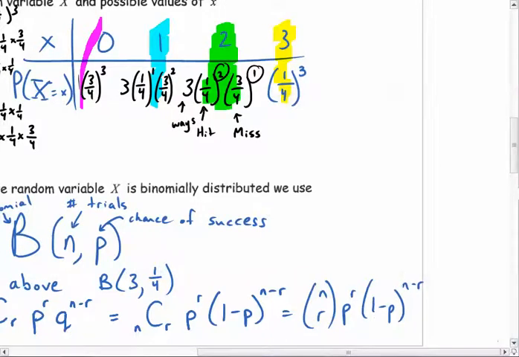Okay, so breaking this down, the nCr is just how many different ways, or how many different branches of the tree. p to the power of r is the number of hits, or the number of successes, and the q to the power of n minus r is just the number of misses. So the probability of a miss to the power of how many times you miss.